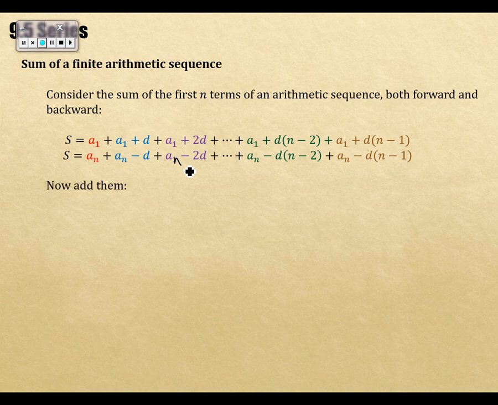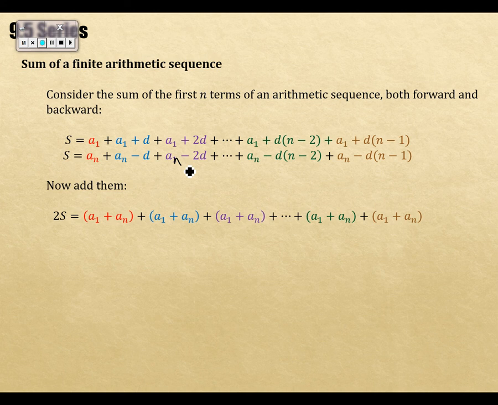We're going to add them together, and what happens? Let's add them piece by piece. A1 plus an is what we get here. What do we get here? Blue, blue. You get a1 plus an, right? What about purples? A1 plus, oh, I see where this is going, Mr. Chase. Okay, they're all a1 plus an's.